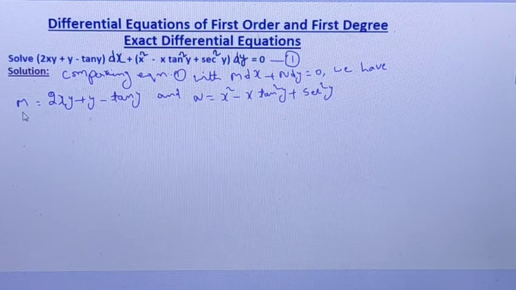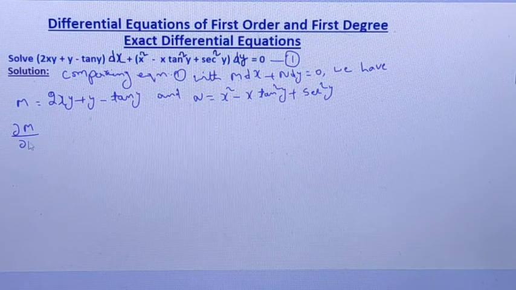Now let us differentiate M with respect to y and N with respect to x. That is, the partial derivative of M with respect to y, dou M by dou y, is equal to the derivative of this one. Because we are differentiating with respect to y, we treat x as constant.